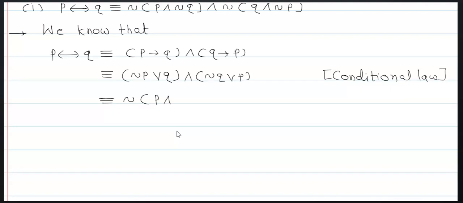Negation of... we take the negation sign common from these two, that is negation in bracket P and negation Q, and negation in bracket Q and negation P. Then what's happening?